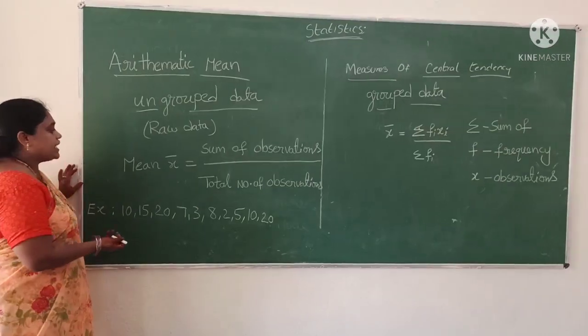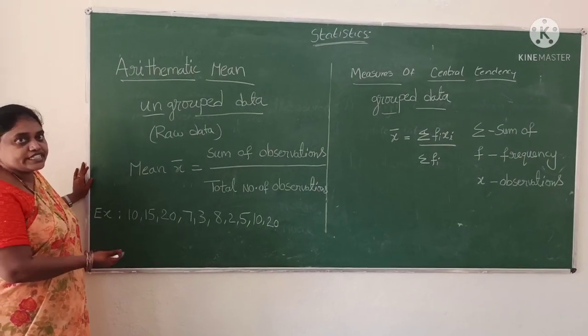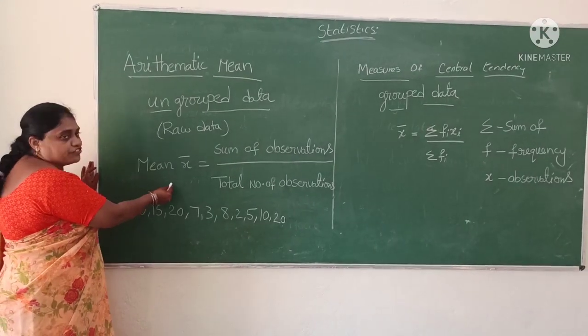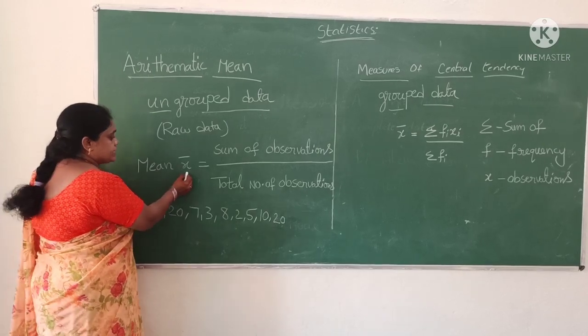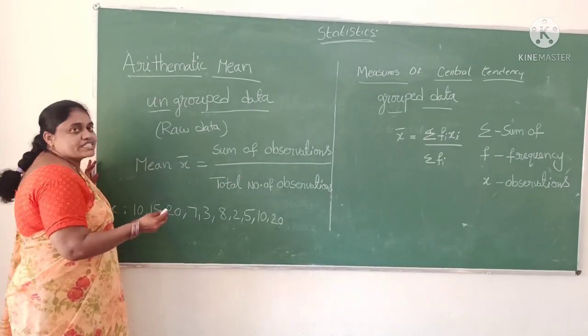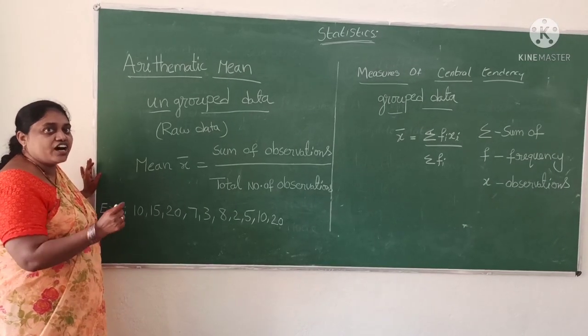Now we calculate the mean of this ungrouped data. What is the formula? Mean x bar is equal to the sum of observations. Sum means adding all.